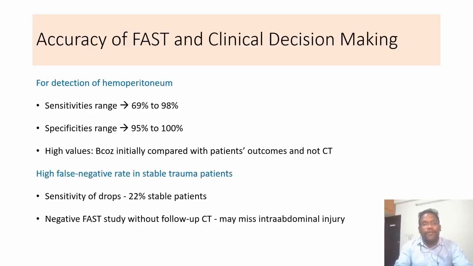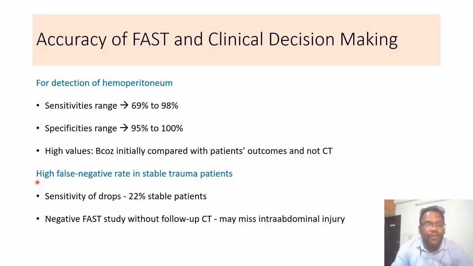Accuracy of FAST assessment. The sensitivity of FAST exams ranges from 69 to 98%. The specificity ranges from 95 to 100%. These are high values because these are data from the initial studies in which the FAST exam was compared with the patient outcome, not with the CT scan outcome.